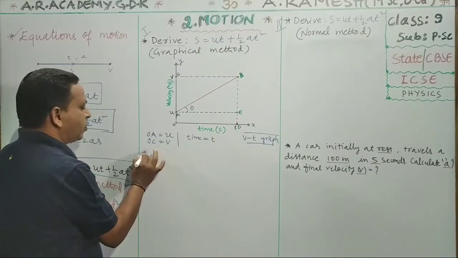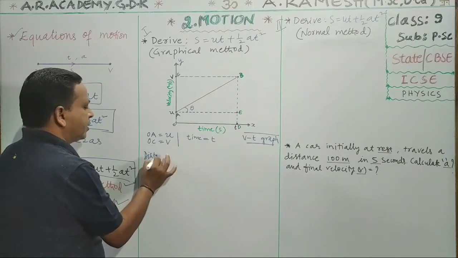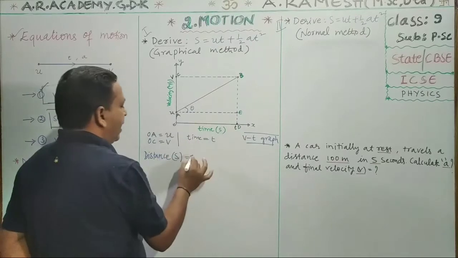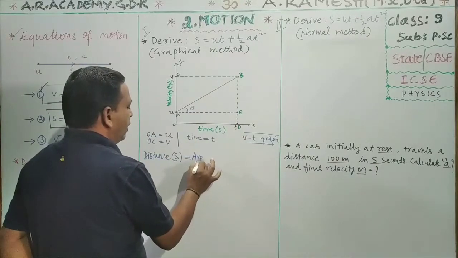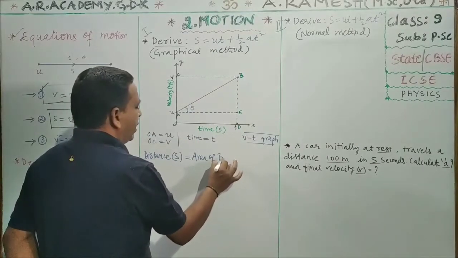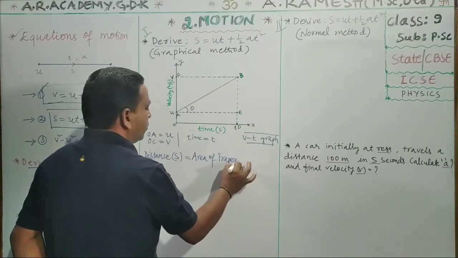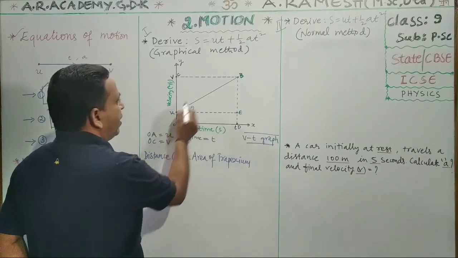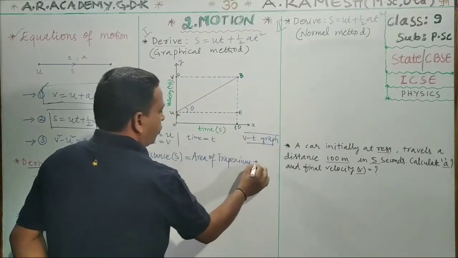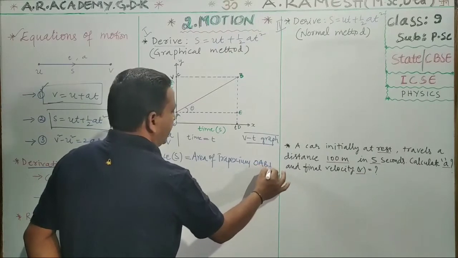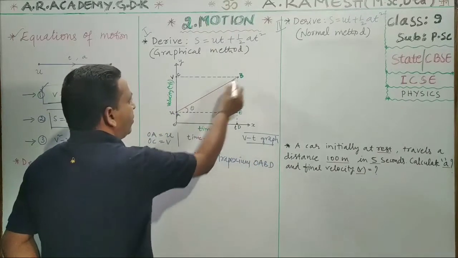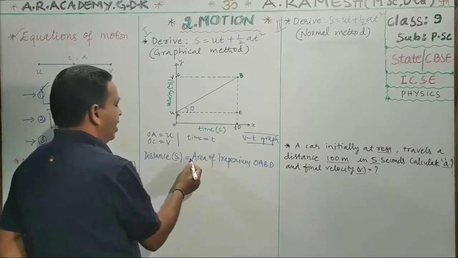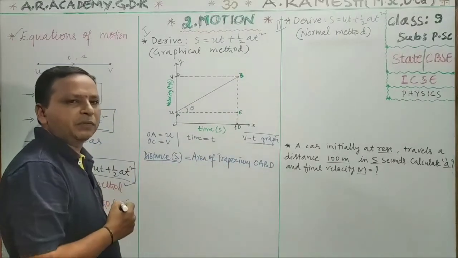Distance traveled S is equal to the area of trapezium OABD. This is a trapezium. If you find the area of the trapezium, then the distance traveled will come, children.